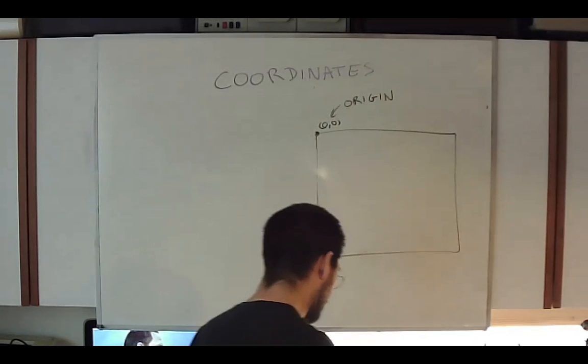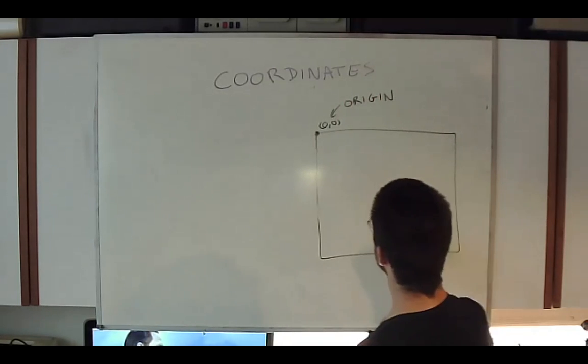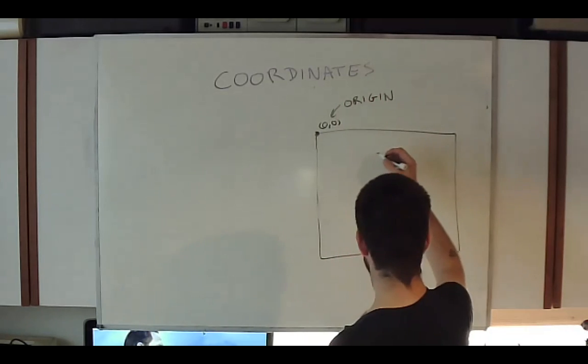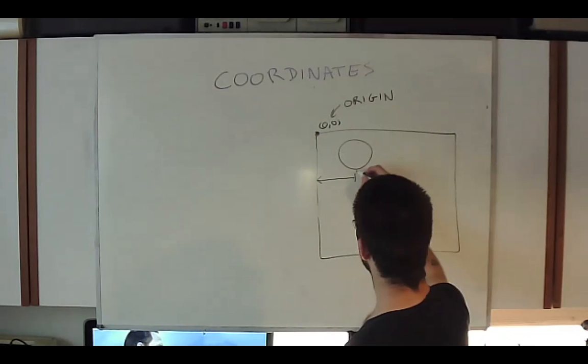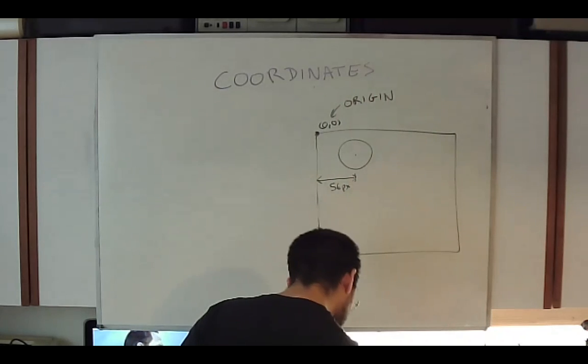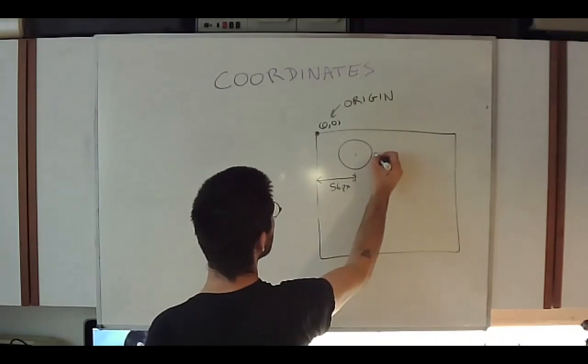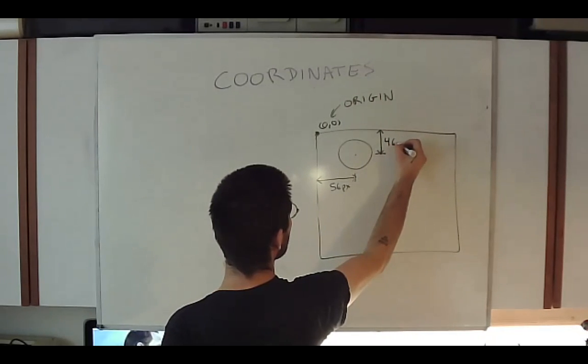So our ellipse is at 56, 46, which means, let's write about here, that this to the center is 56 pixels, and 46, this to the center is 46 pixels.